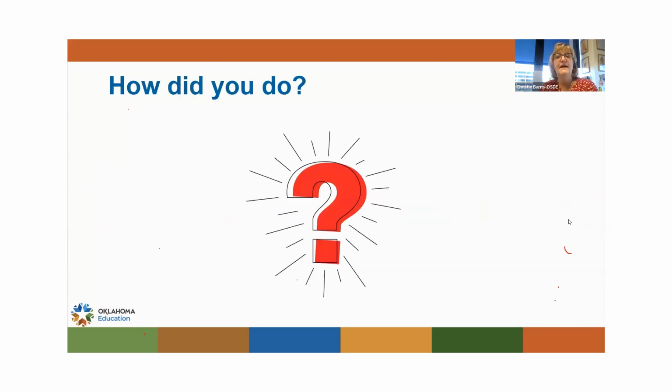All right. How'd you do? Drop in the chat how many you got correct. Oh, Darlene got all of them. Two of them, three, two correct, two, two, two. Did anybody miss inconvenience? Yeah. Okay.